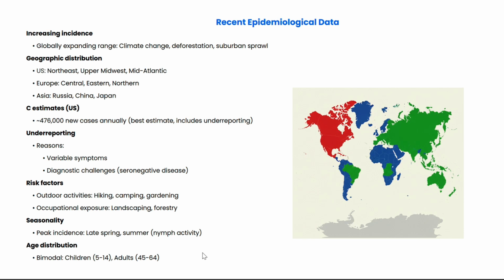This coincides with the peak activity of nymph stage ticks, which, as we will discuss, are particularly important in transmission. We also see a bimodal age distribution in Lyme disease cases, with peaks in children, particularly those aged 5 to 14, likely due to their outdoor play, and in adults, often those aged 45 to 64, due to occupational or recreational exposure to tick habitats.